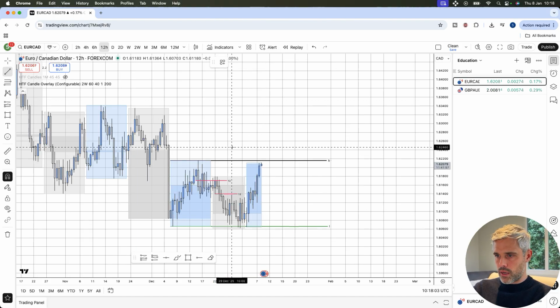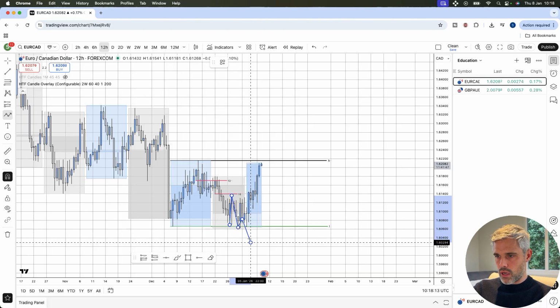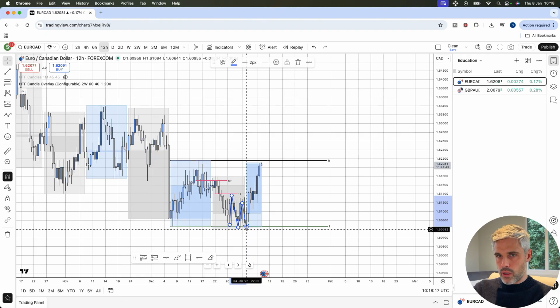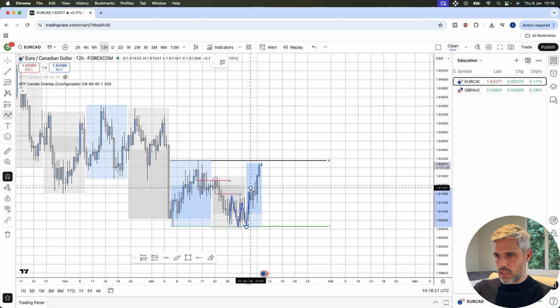What ends up happening is price does this instead. We go up. What we expect to see is that this gets respected and we continue lower. What actually happens is we come in here, we can't go lower, price doesn't want to go lower, and it does this.